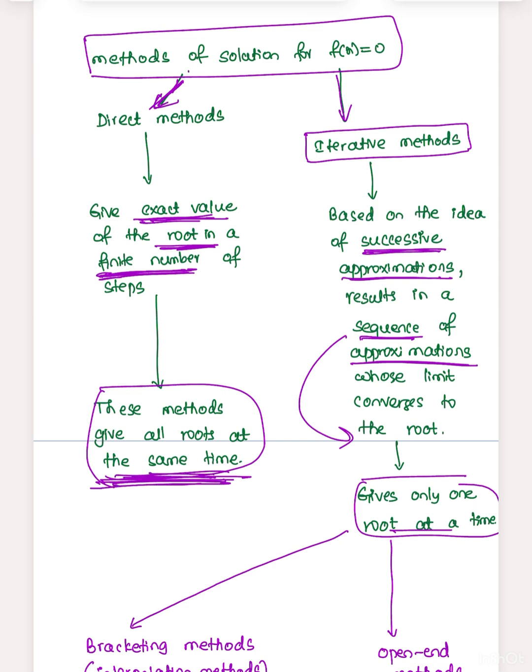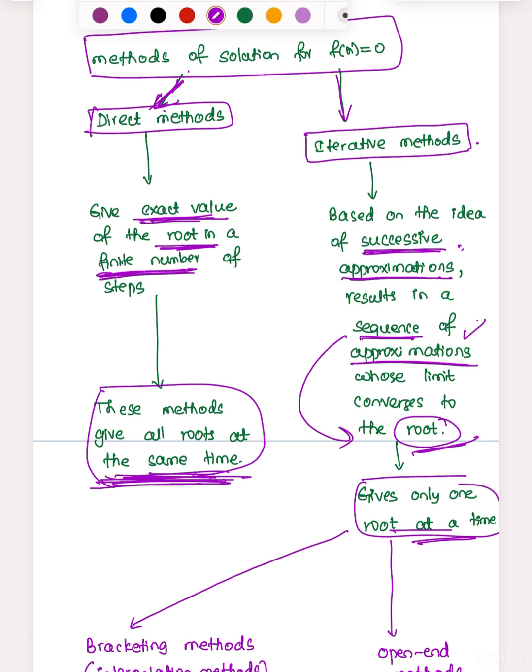So direct methods will give the exact value of the root, and all the roots are obtained at the same time. And iterative methods are based on successive approximations, which lead to a sequence of approximations that will be converging to the exact root. So here we will have only one root at a time.